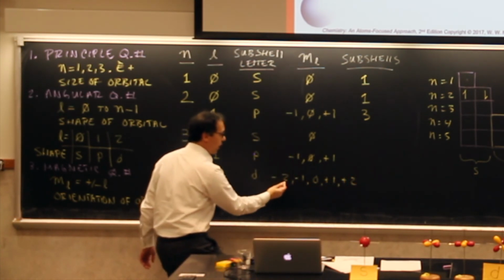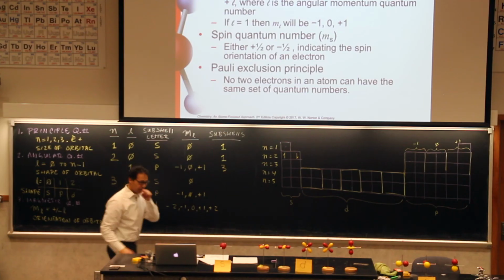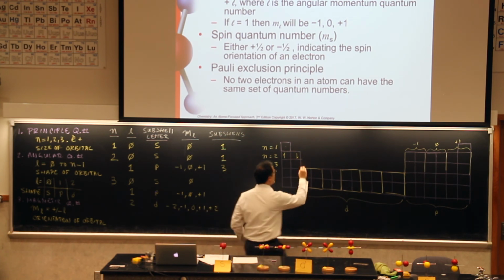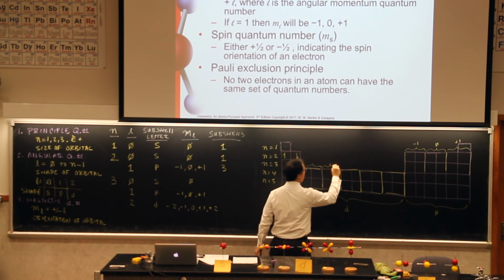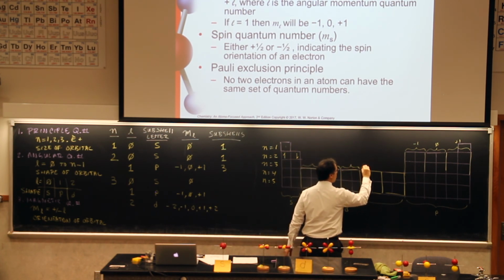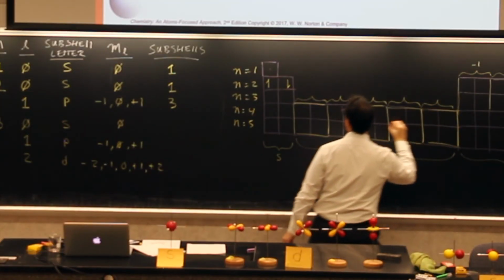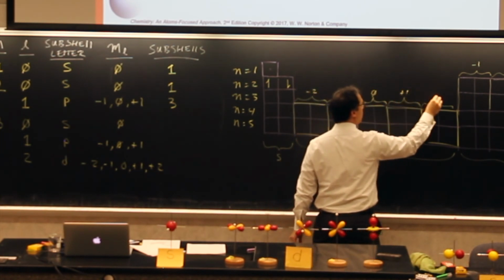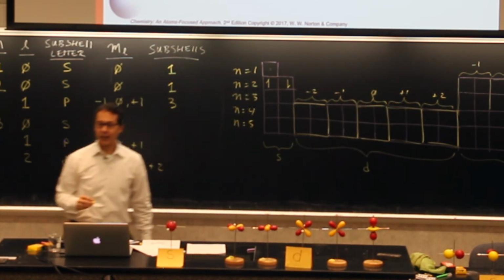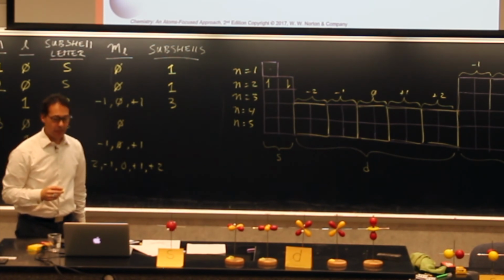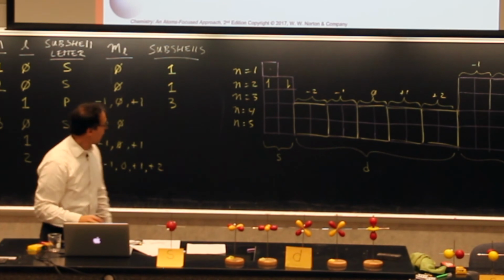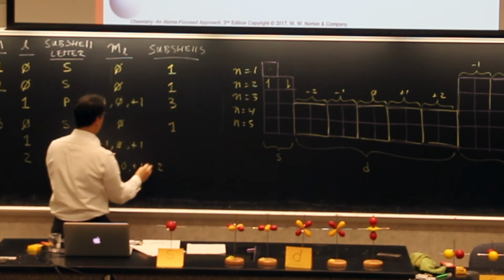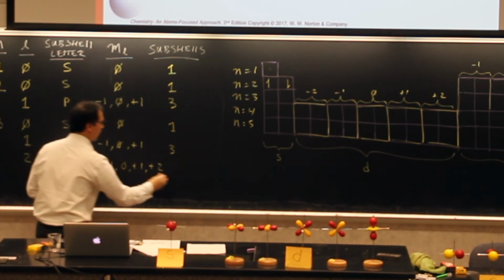Notice there are 5 of those. And then subshells: there's only 1 here, 3 here, and 5 here.